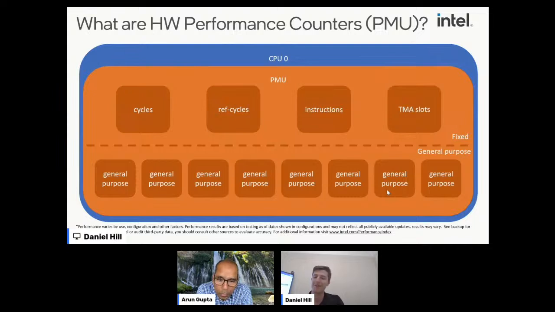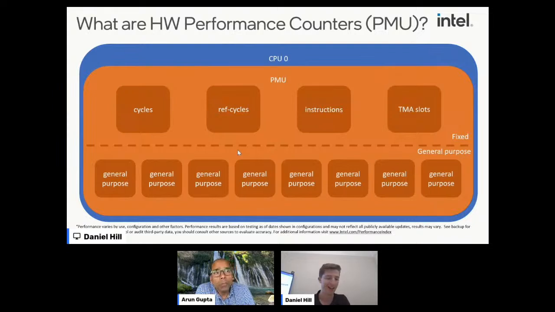If you wanted to, you could collect cycles 8 times. There's really no point to do that, but you could collect L1 misses. You could look at your TLB misses, your L2 misses, decoder, how much each port is being utilized, all kinds of things you can throw in there. And this is just for the core metrics. I haven't even started talking about the uncore again.